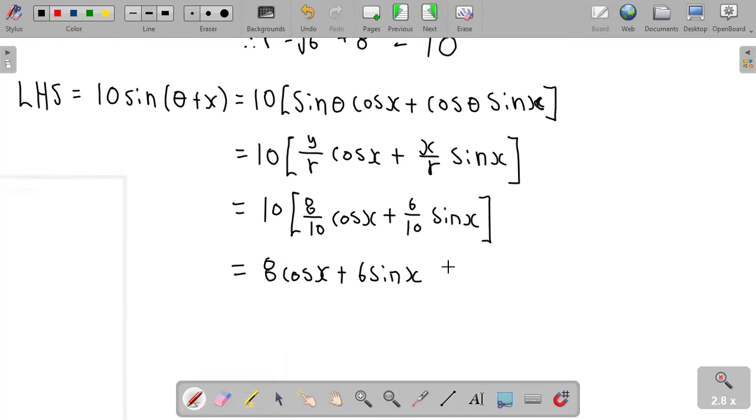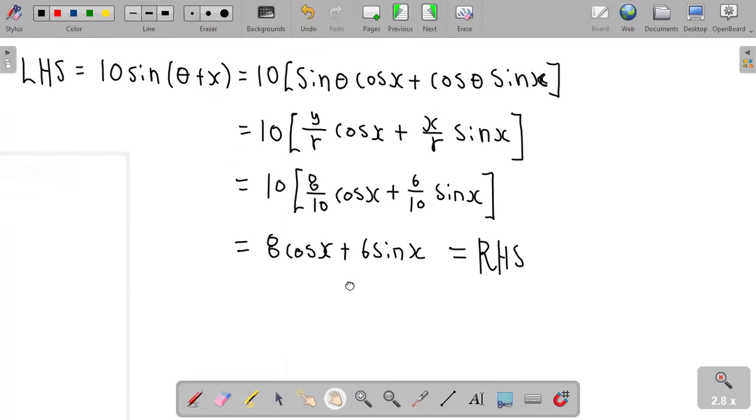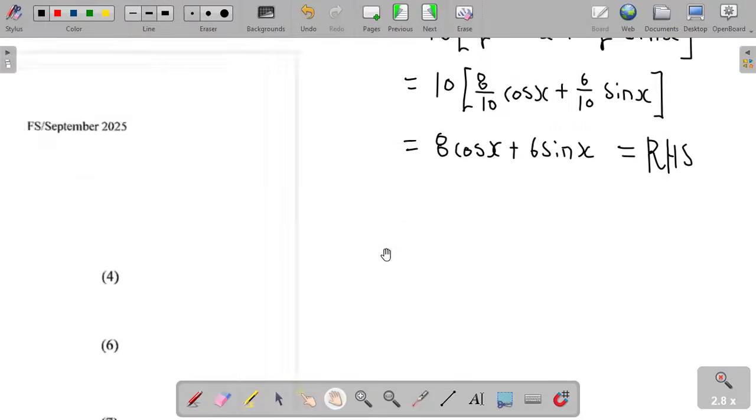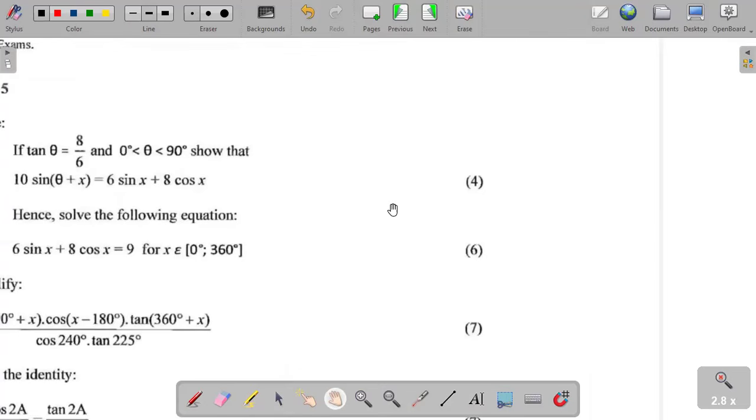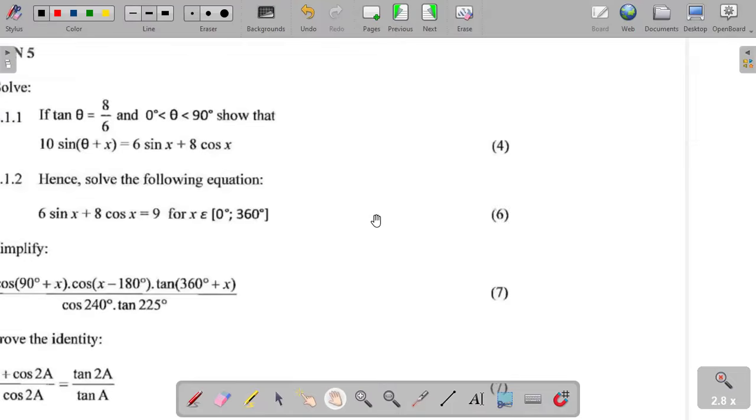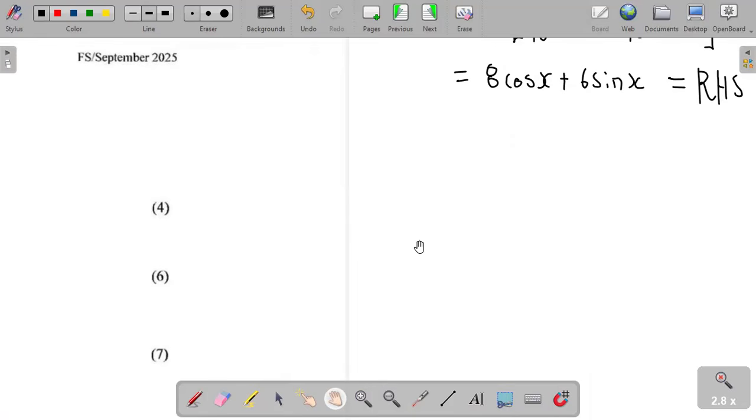So the 10 will cancel out, and we get 8 cos x plus 6 sin x, which is equal to the right hand side.